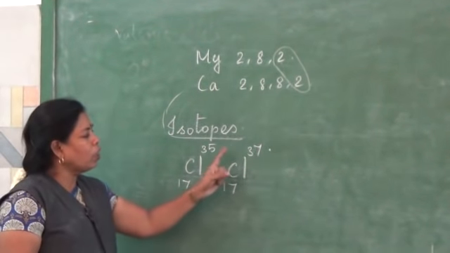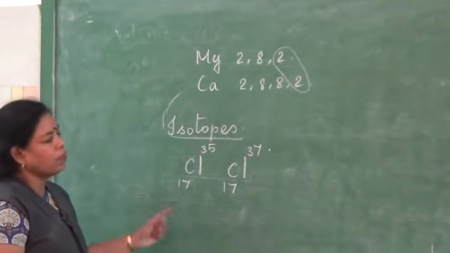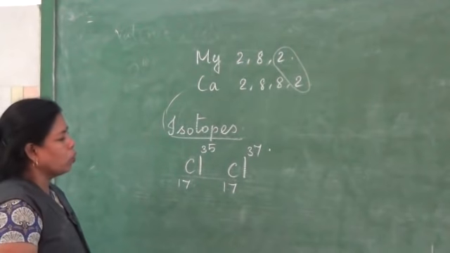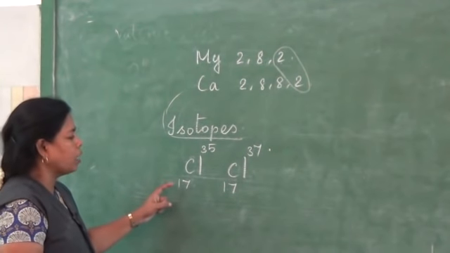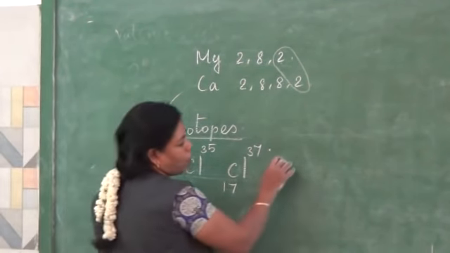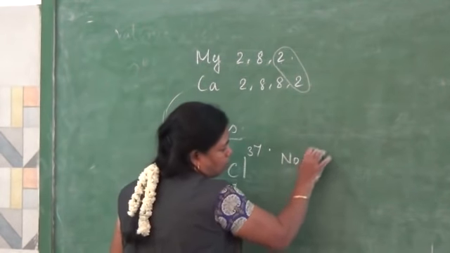What is the reason for the difference in mass number? It is because of the number of neutrons. Already I told you, for an electrically neutral atom, the number of protons and the number of electrons will be the same.